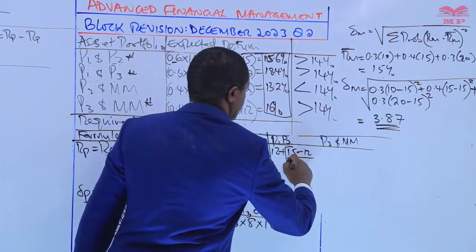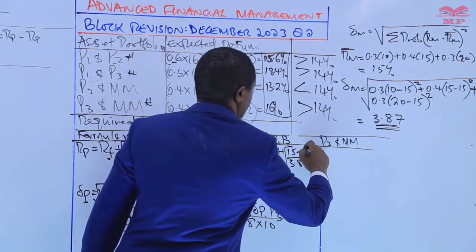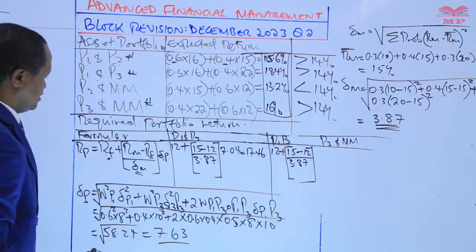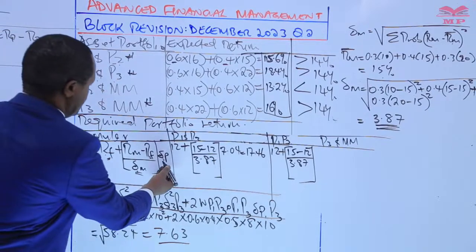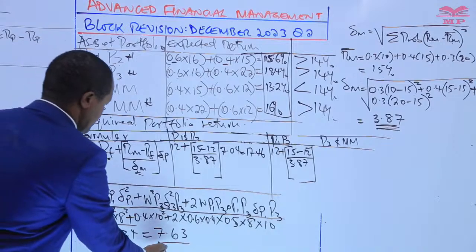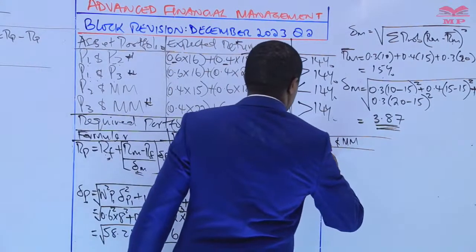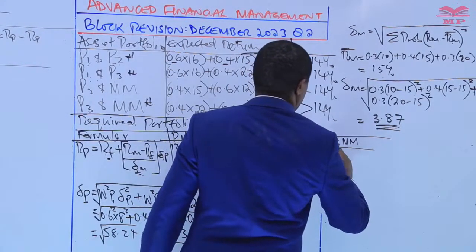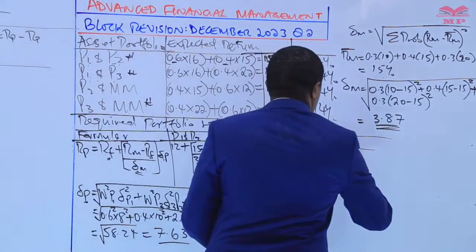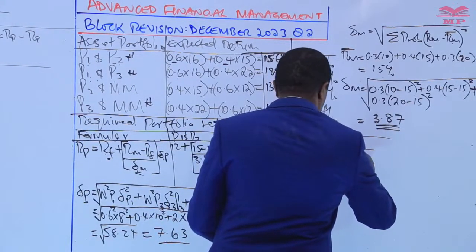That is 3.87 times the standard deviation for the portfolio, which is 7.63. That gives 17.91.